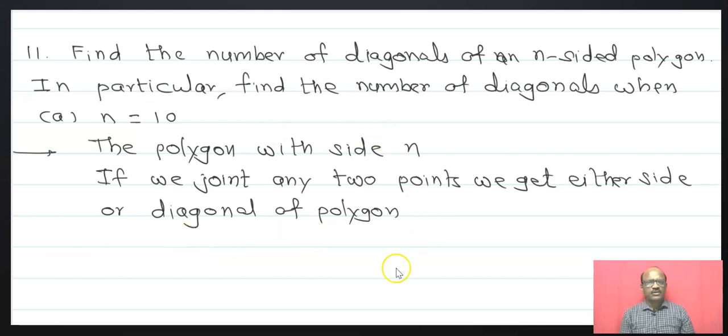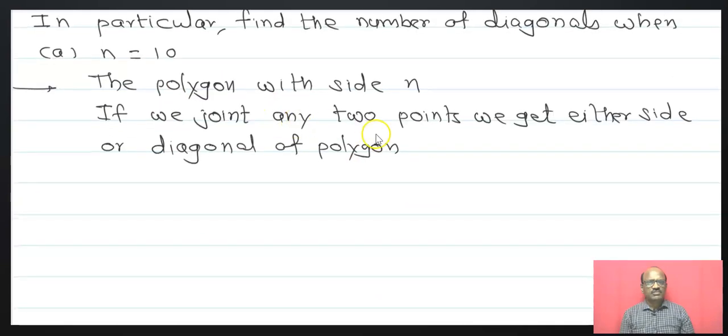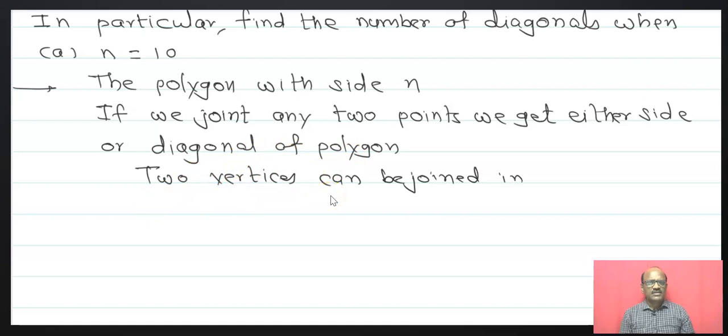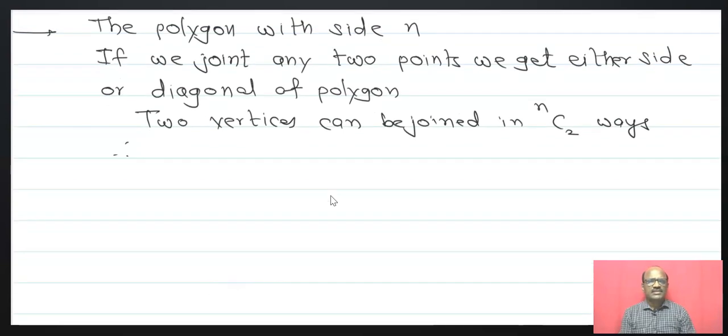We draw any 4 points. We join, you will get a side or the opposite vertices. If we join, then you will get the diagonal. 2 vertices can be joined in nC2 ways.